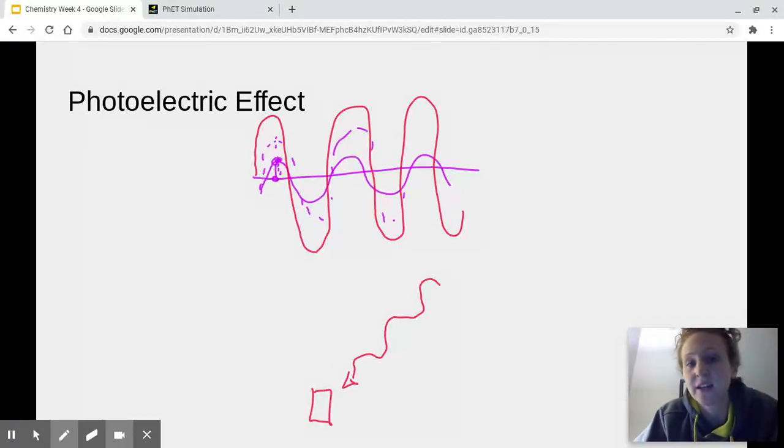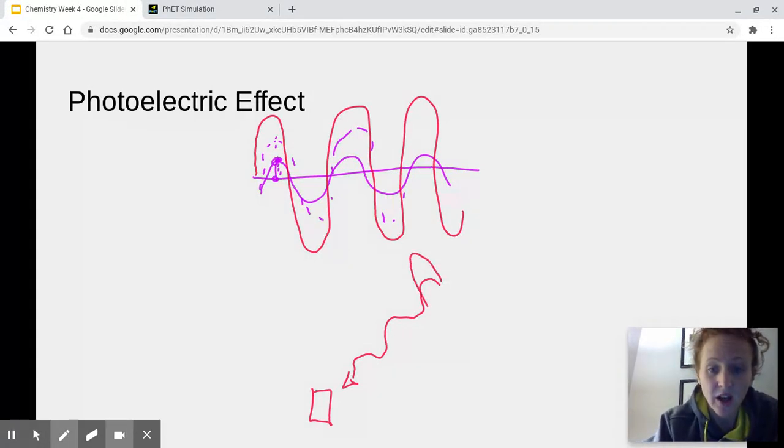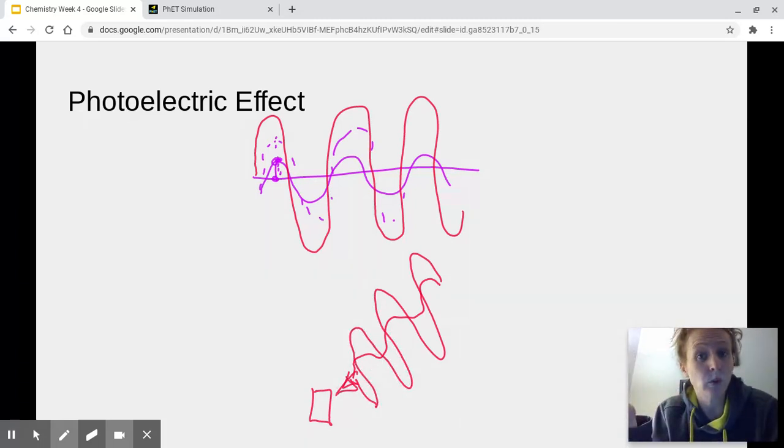If that's not enough energy to knock off an electron, other waves together should be able to combine and build into a big wave that will knock off an electron.